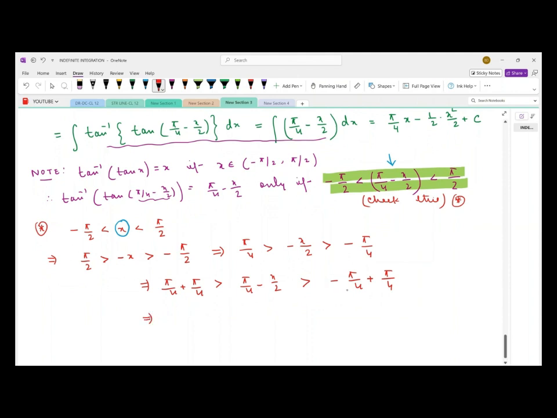If I write it in the opposite order, that is, I'm starting from this portion, so this is 0 less than pi by 4 minus x by 2 less than pi by 2. That means pi by 4 minus x by 2, this expression belongs to the open interval 0 to pi by 2.